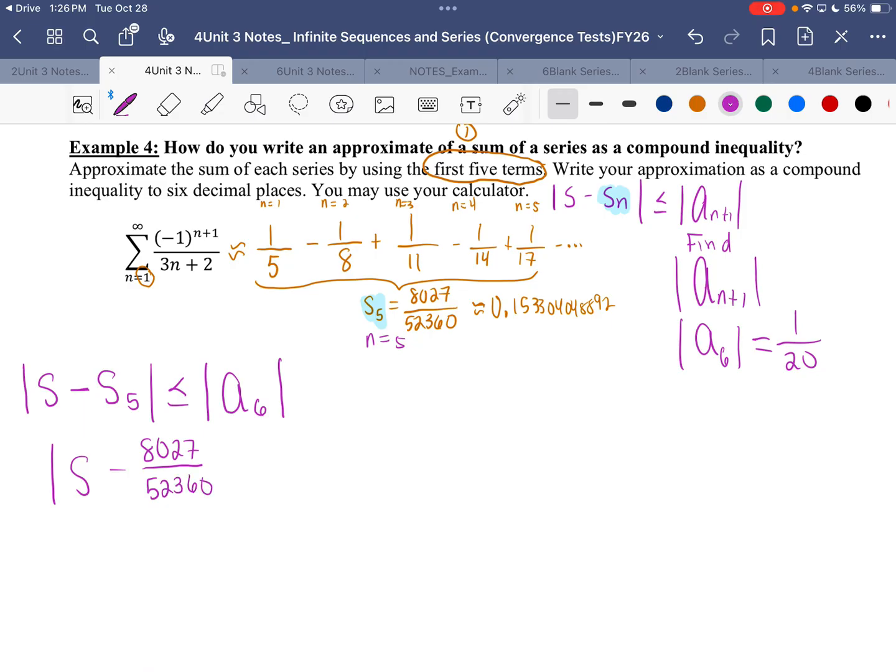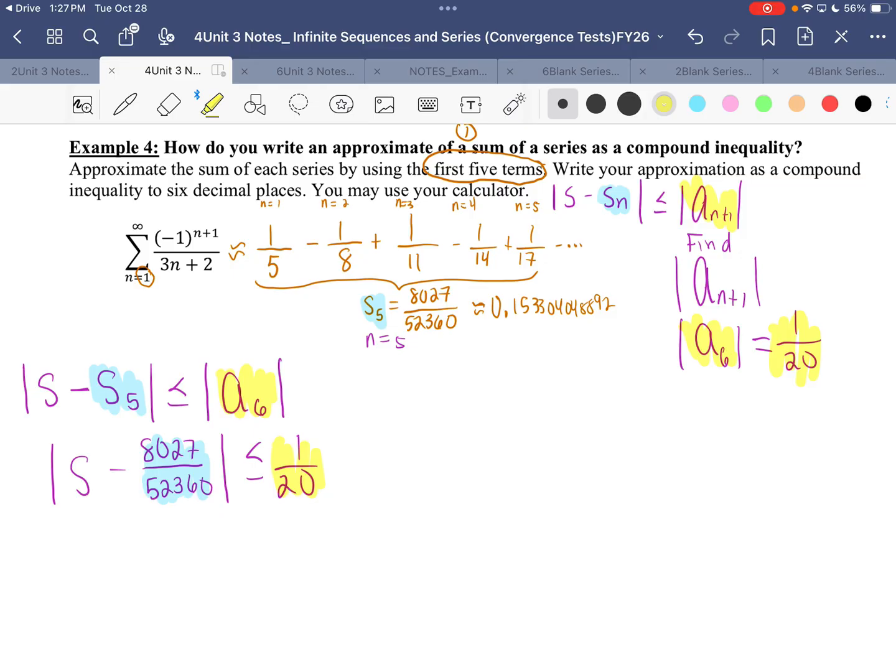I also like keeping S5 as a fraction because you don't have rounding issues where your decimals get weird. And I don't need absolute values around 1 over 20 because I know that's positive.